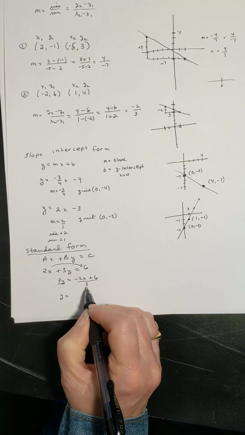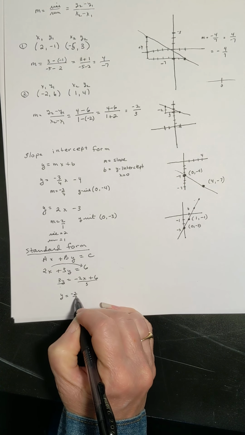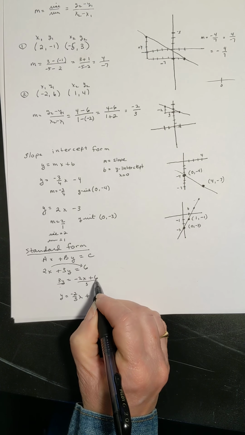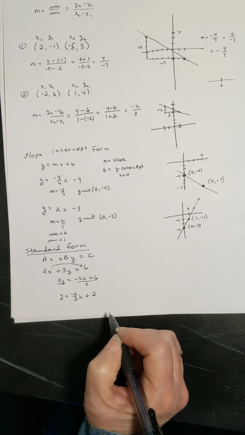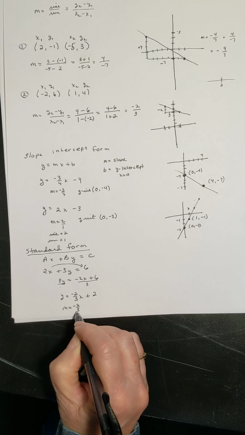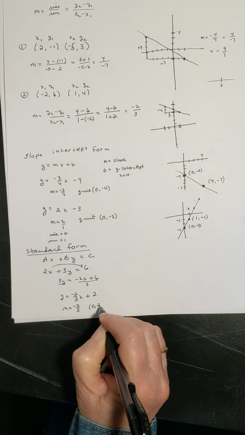So I get y is equal to, now the 3 is divided into both of these, so I'm going to write it like this, negative 2/3 x plus, and then 3 into 6 goes 2 times. So now I can tell that my slope is negative 2/3, and my y-intercept would be 0, 2.